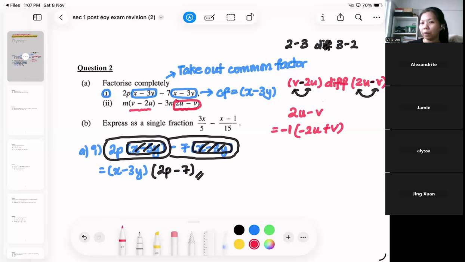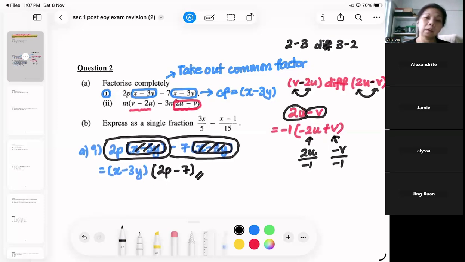Think about this: how do I get this? 2u divided by -1, minus v divided by -1. So make sure you learn about factorizing out a -1.